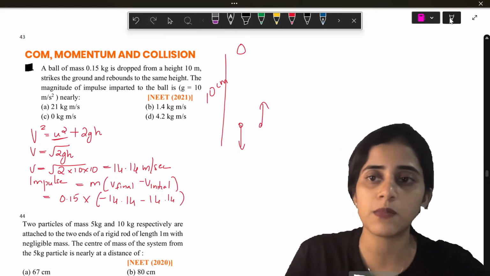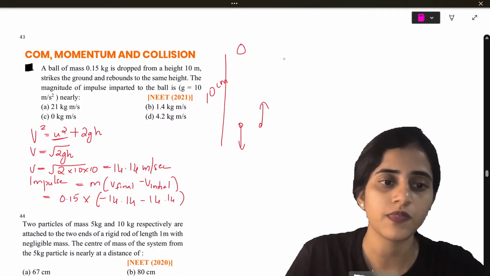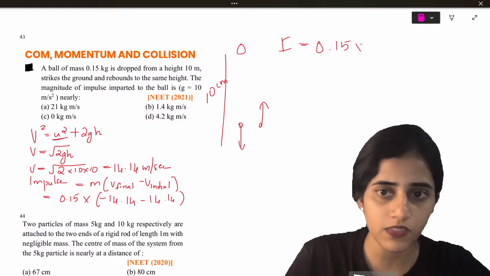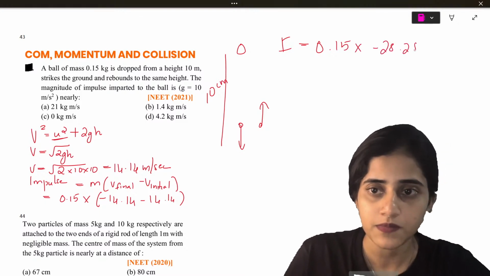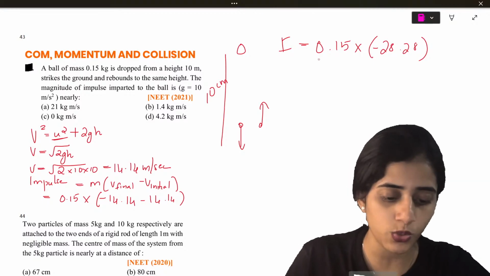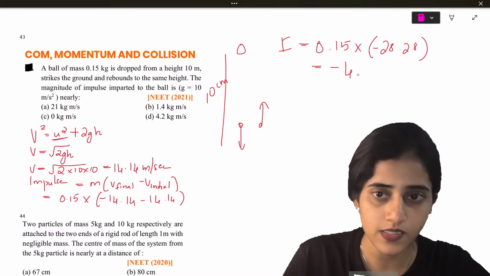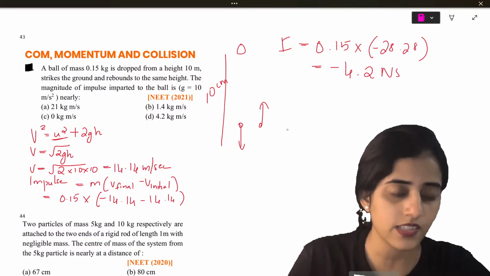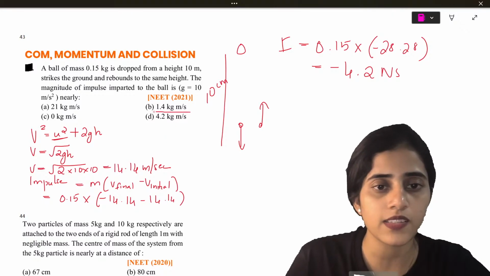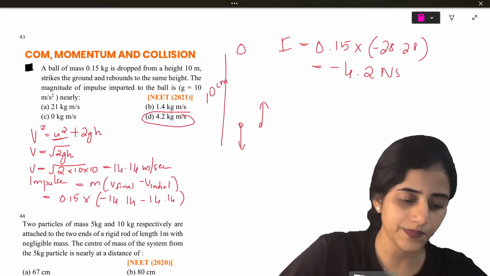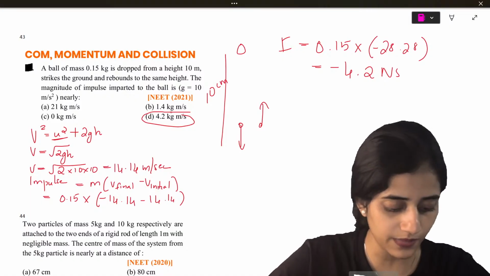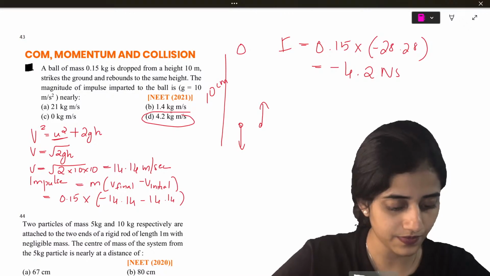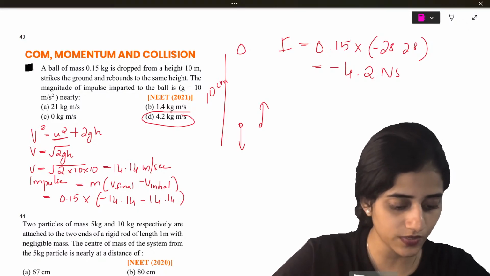So impulse will be equal to 0.15 into minus 28.28, which is minus 4.2 Newton second. So what is the answer? The answer is option D. Are you all getting option D?